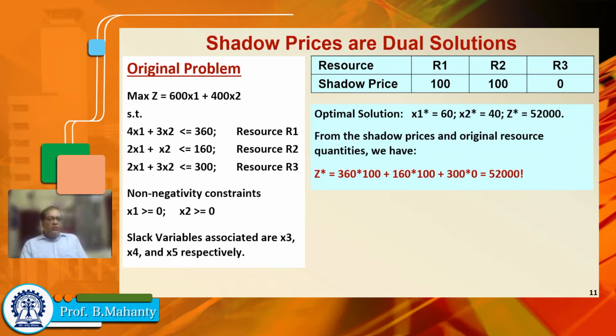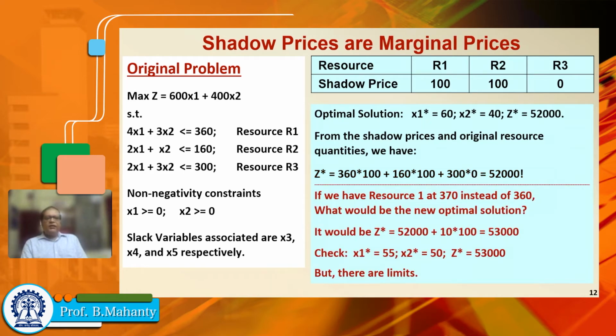If we solve that particular problem with simplex or any other method, the solution will be 100, 100, and 0. Is it all right? So from these dual solutions also we can find the value of Z, and the same Z value would be returned from the shadow prices. This is a very important and interesting observation, and let us see how it could be useful.